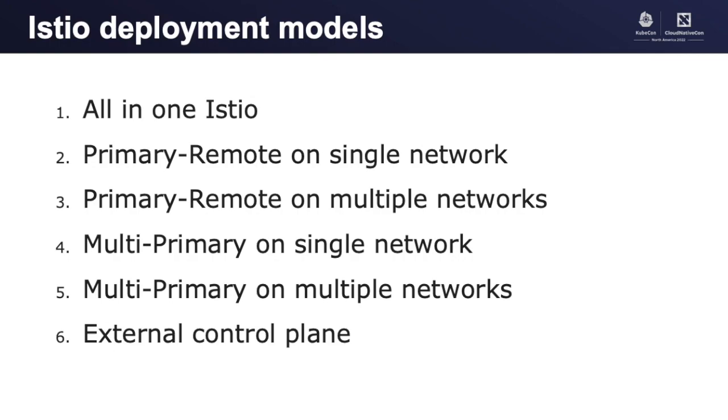Similarly, users can have multiple control planes installed in multiple clusters, even when these clusters are on the same network. This is a multi-primary deployment which provides high availability from the Istio control planes' perspective. The multi-primary on multiple networks deployment model allows users to have Istio HA across multiple networks.